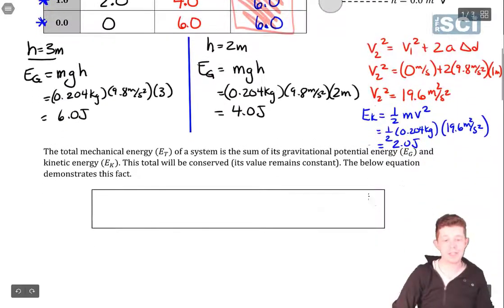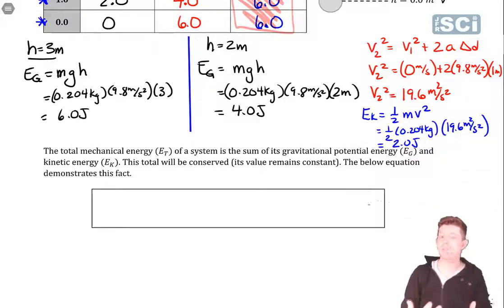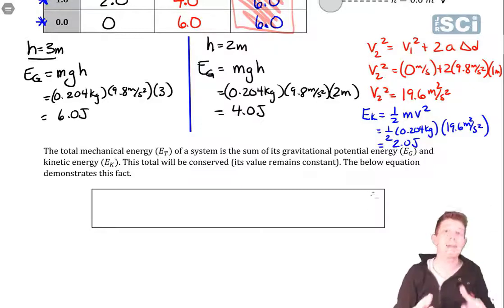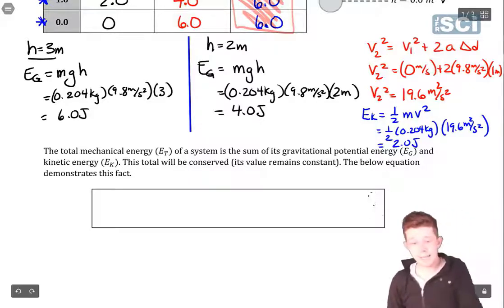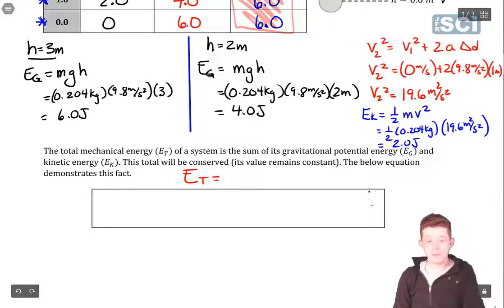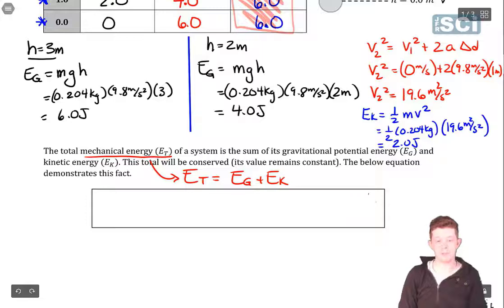So this can actually be written as an expression. And we say that the addition of the kinetic energy and the gravitational potential energy is the system's mechanical energy. So we say mechanical energy, or the total energy that the object has, is equal to its gravitational potential energy plus its kinetic energy. And that's what we mean by its mechanical energy, right?